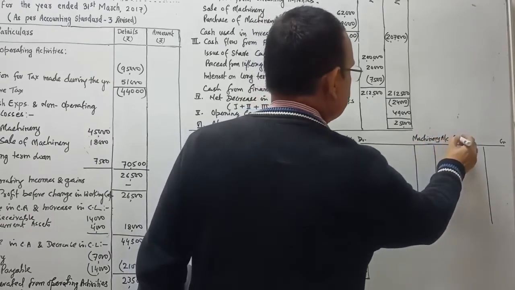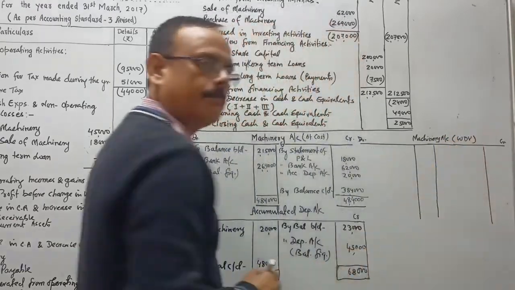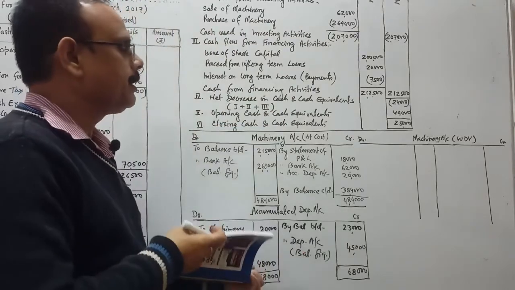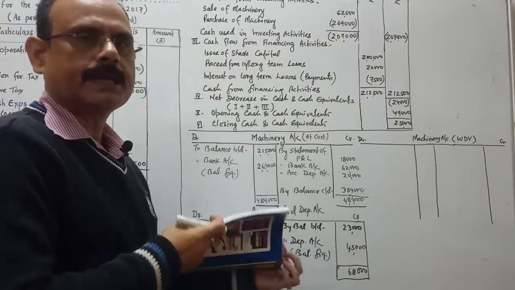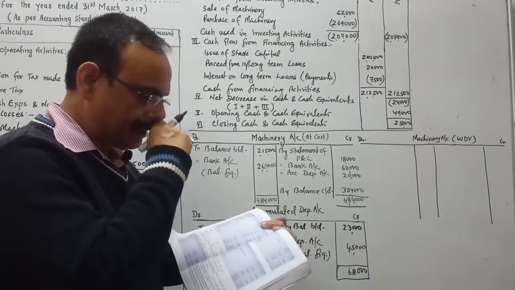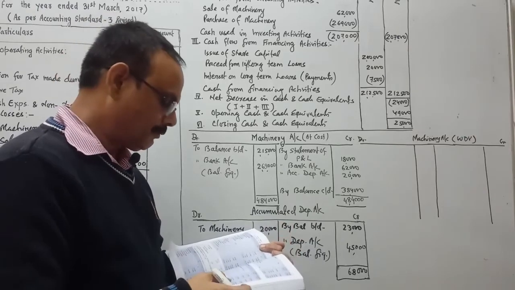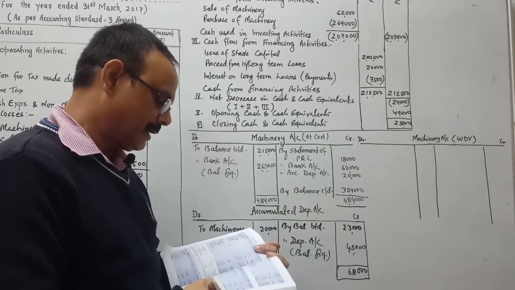Which method am I applying? Written down value method. So through the written down value method I am going to prepare the machinery account. You see the working note number 4, notes to account 4, accumulated depreciation, machinery.